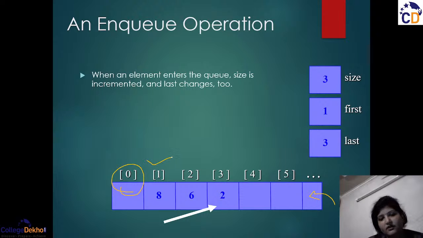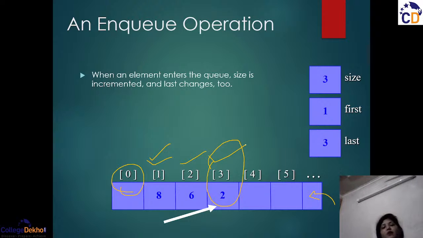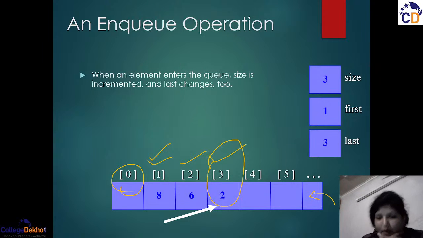Now here is 8 and 6. Now you have inserted the value, that is 2. Right, now the size of the queue is 3: 1, 2, 3 elements. The first element is at 1 and the last element is at 3. So this is how we maintain the pointers in a queue, right?